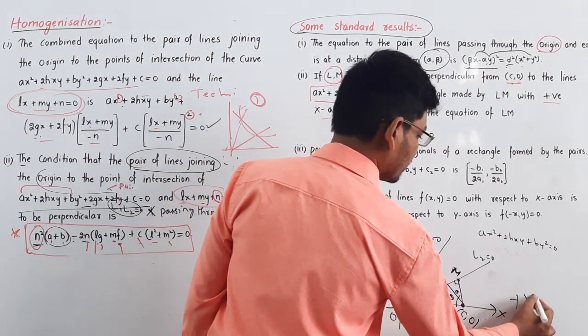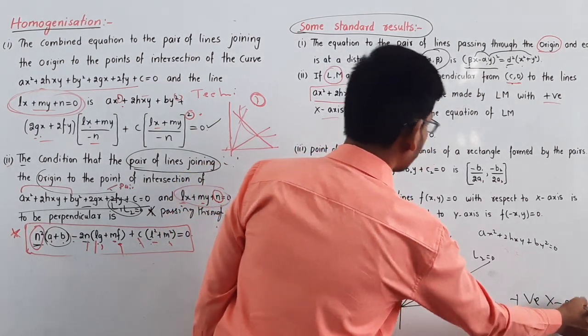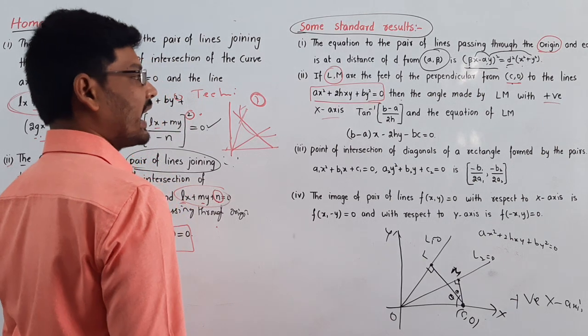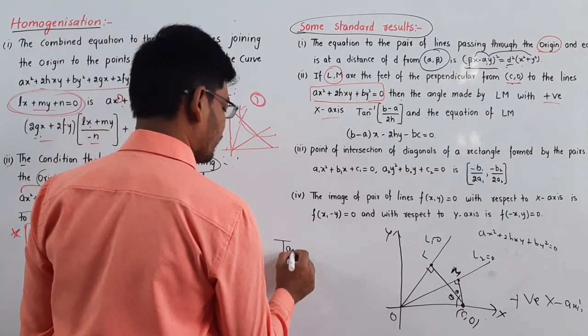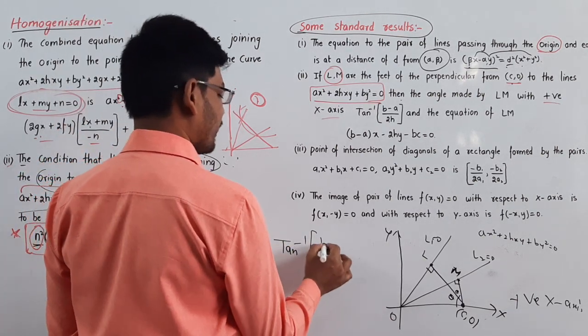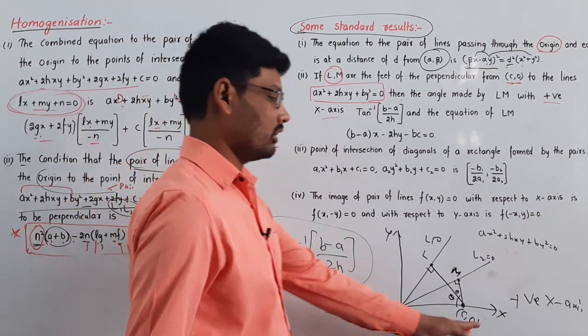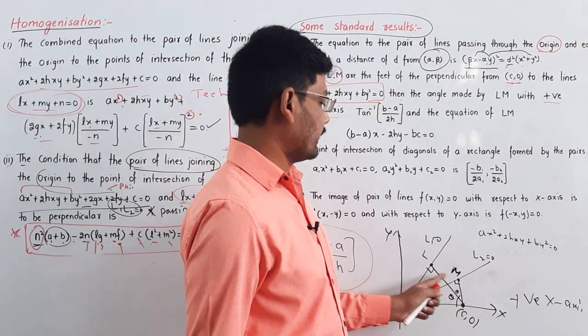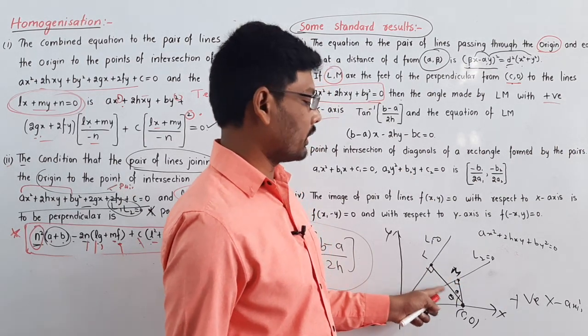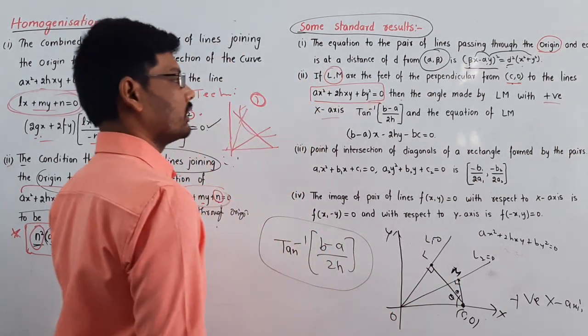The formula for the angle is tan inverse of (b minus a) by 2h. This is the angle made with the positive x axis when L and M are the feet of the perpendiculars from the point C comma 0.